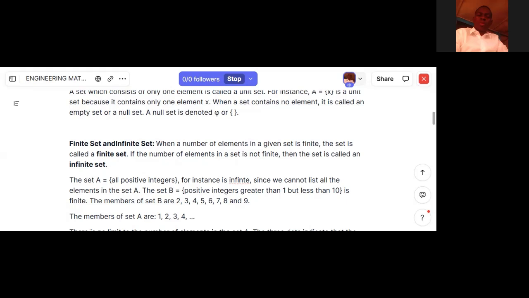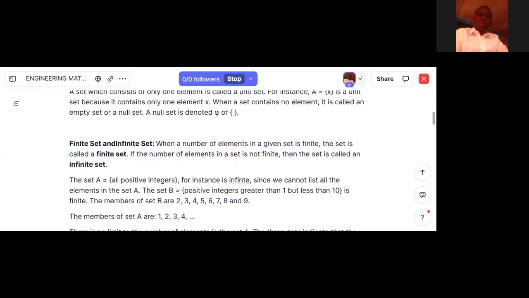Okay, so there's an example here where it says the set A containing all positive integers. Now, for instance, this is infinite, since we cannot list all the elements in the set A.